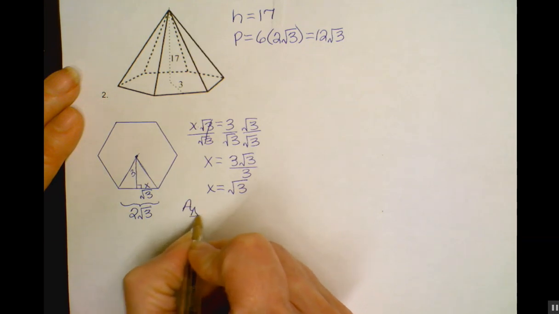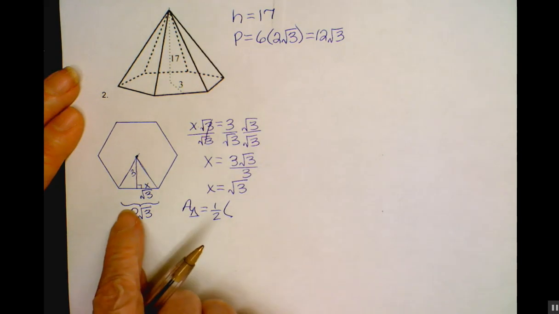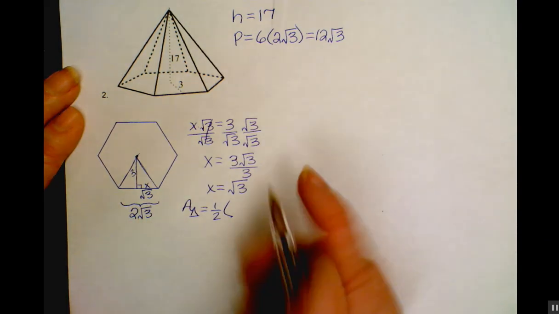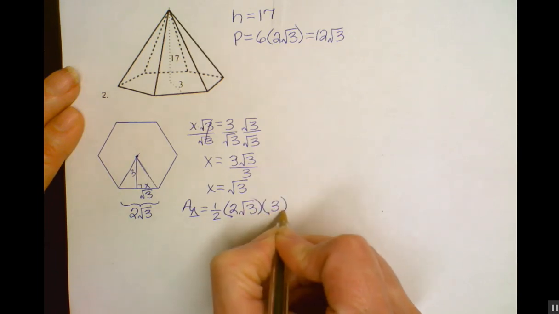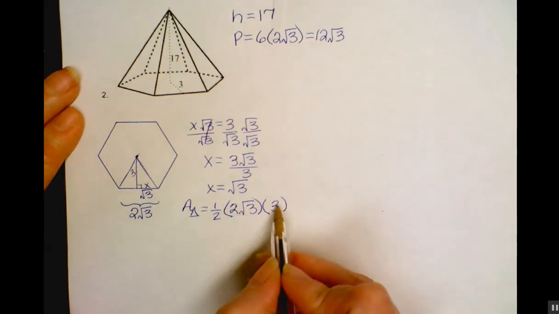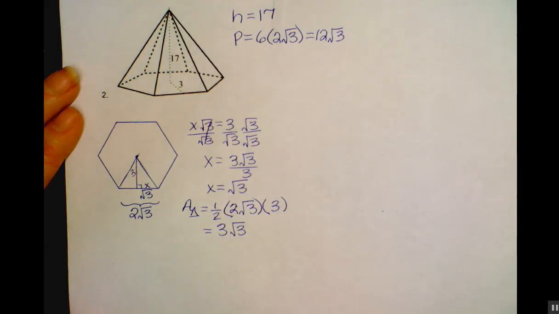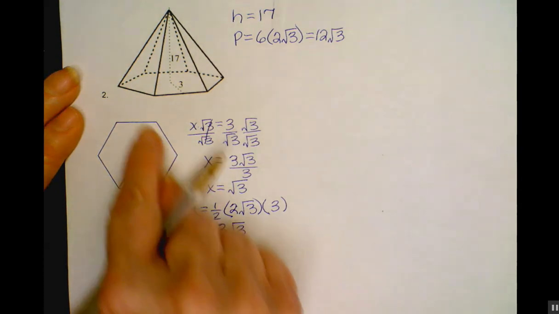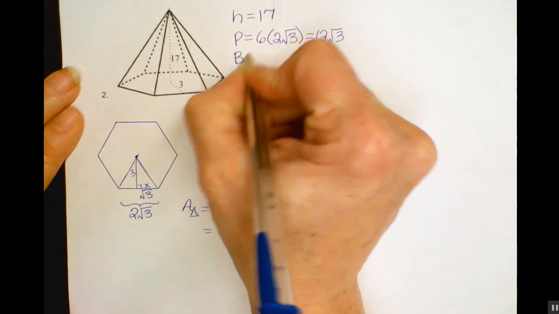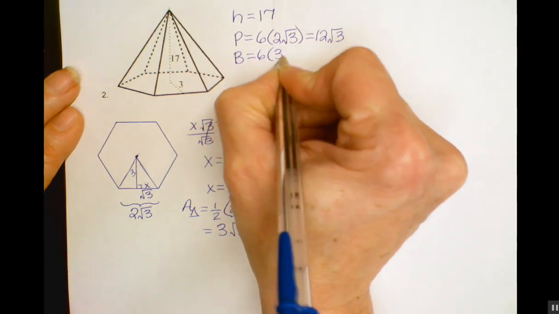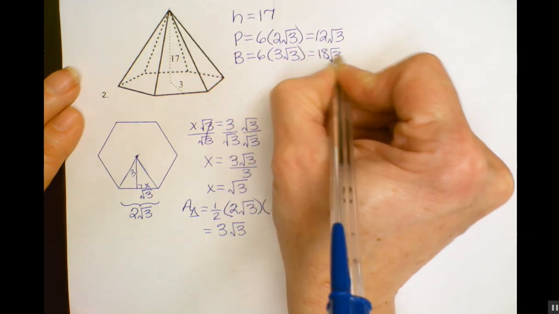So the area of the equilateral triangle, 1/2 times the base of the triangle, 2 square root 3, times the height of the triangle, 3. Half of 2 is 1, times 3 is 3 square root 3. The base of the pyramid consists of 6 of these triangles. So capital B will be 6 times 3 square root 3, or 18 square root 3.